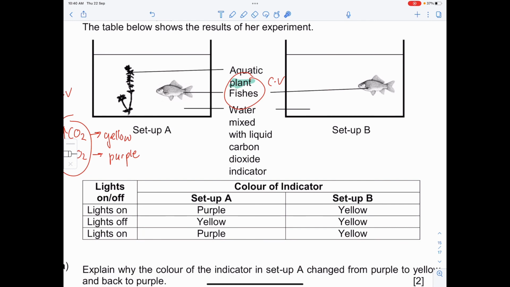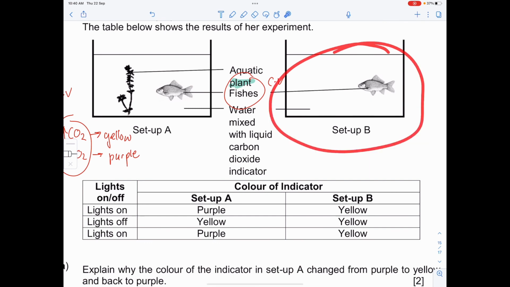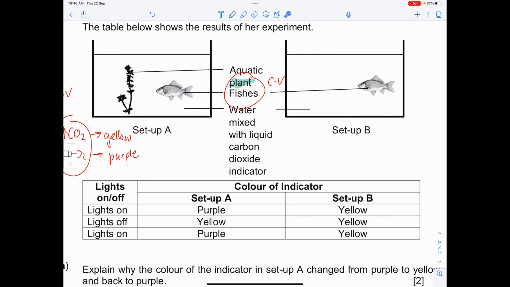Alright? Now, be very careful. Many of the students, they would term it as setup B has no oxygen. And that's why the fish will go to the surface to get oxygen. Now, this cannot be factual. No means absolute zero. So what we are looking for is insufficient. Insufficient is the word, or not enough.